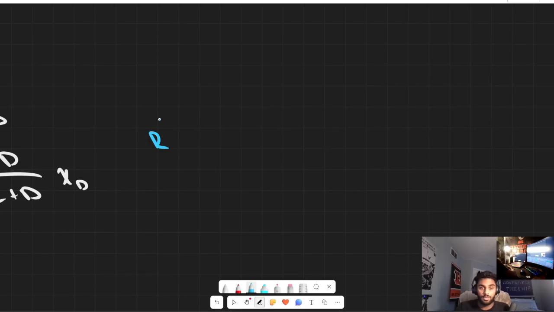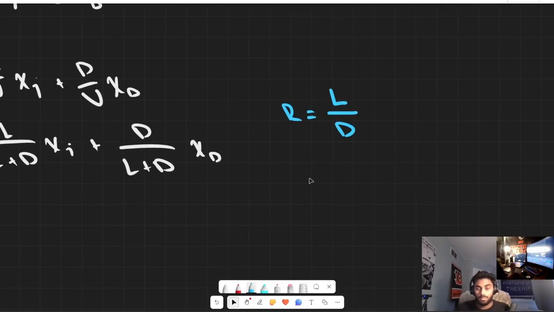So in terms of the variables that we have, it's the ratio of the liquid we are passing through, how much of that is distillate that we're rerunning. So that's easy enough.